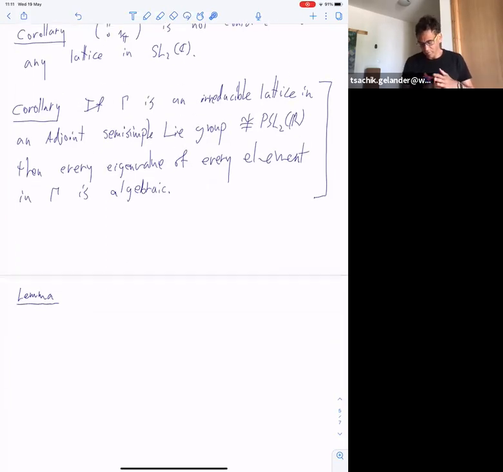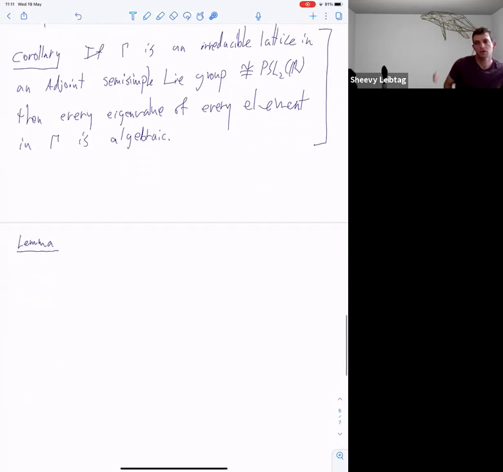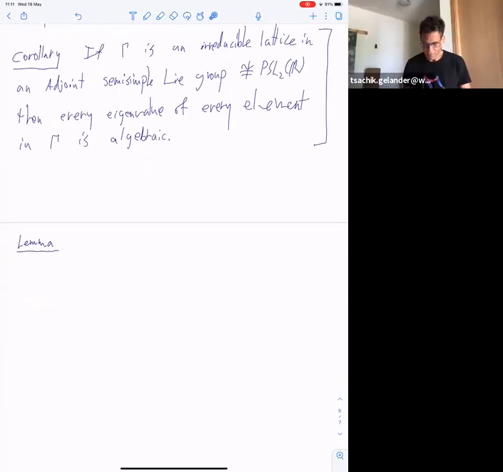Here is a very useful lemma that I like, and it can be used for various applications.